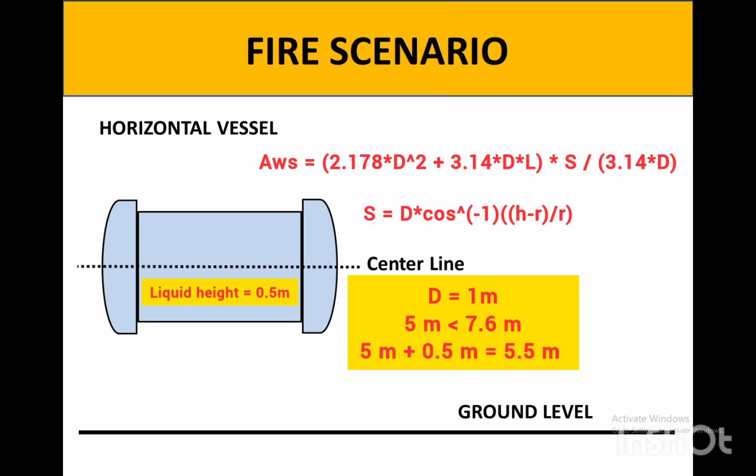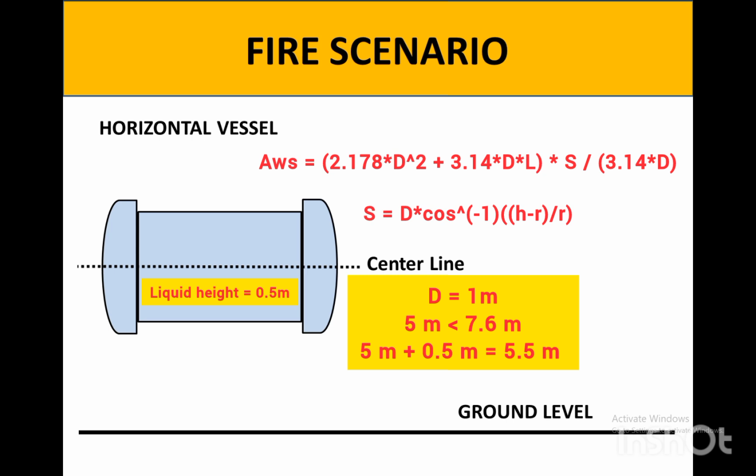The summation of these two values is 5.5 meter. Since this is less than 7.6 meter, fire is applicable for all of the liquid within this vessel. In this way, you can find how much liquid level within your vessel can be substituted within this correlation. In this case, all of the 0.5 meter can be substituted for H.